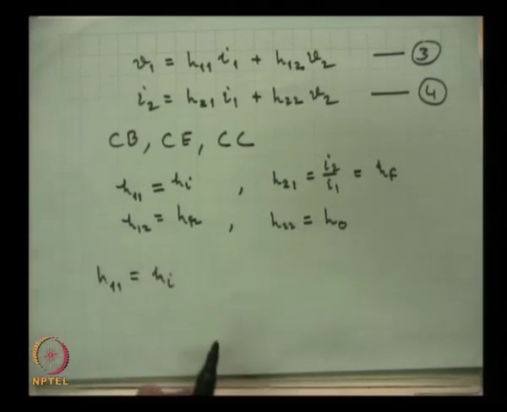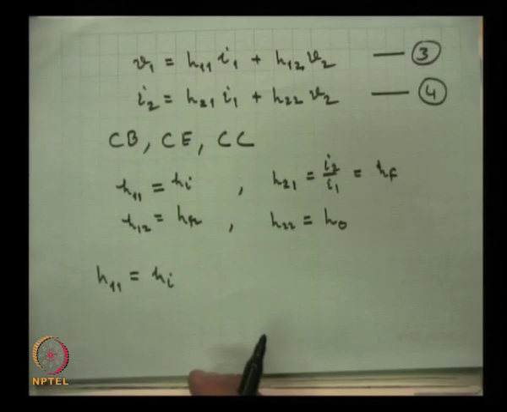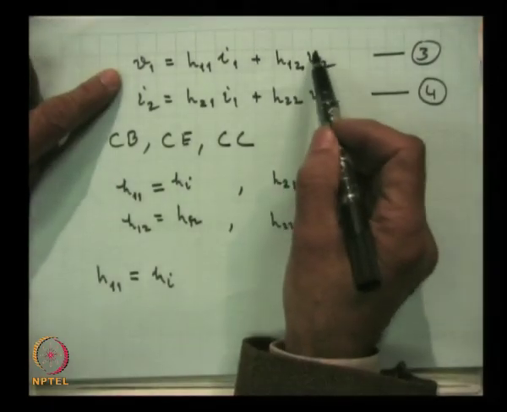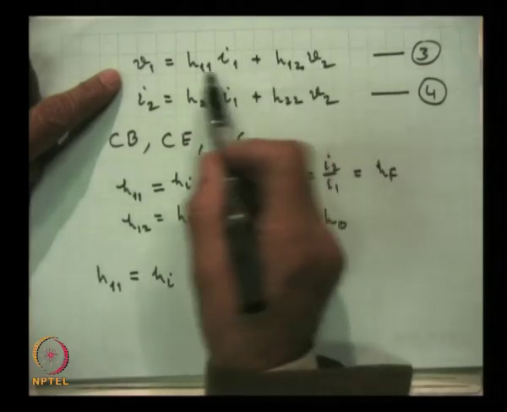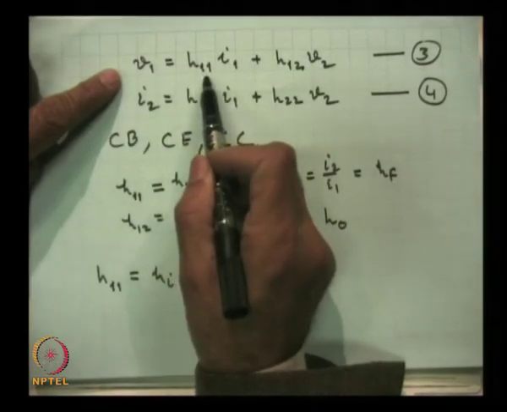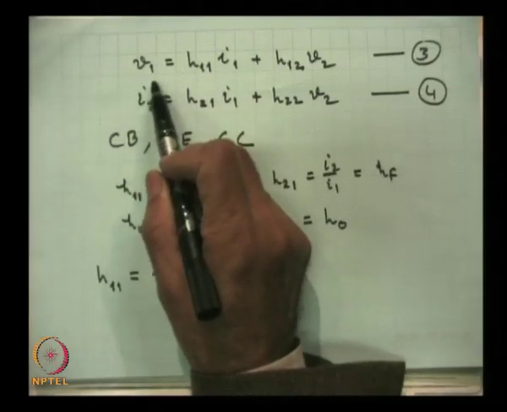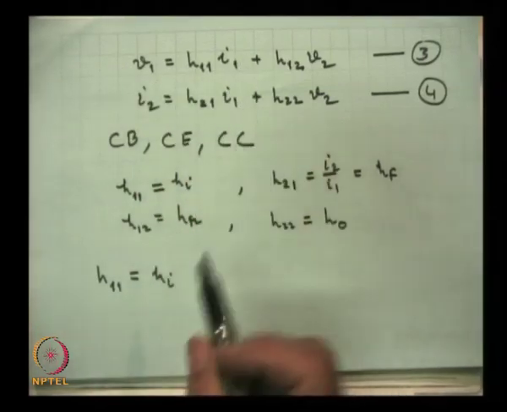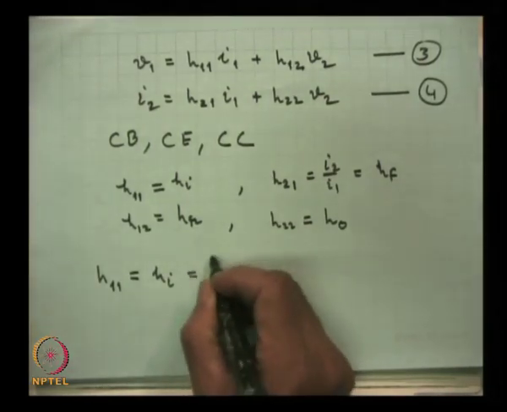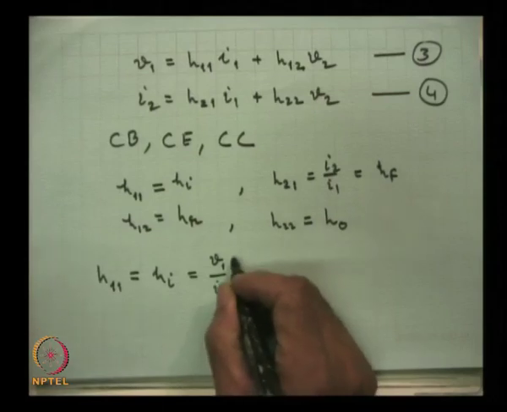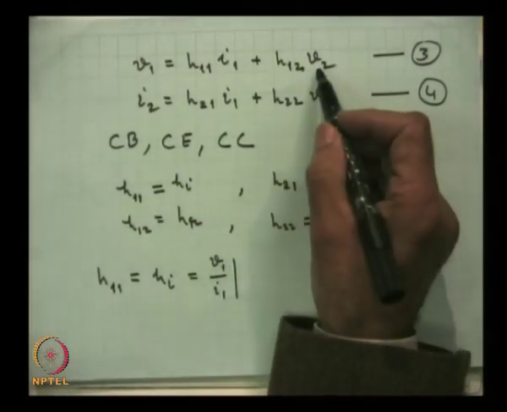If you look at this equation, if V2 is 0, then we can define H11 from here as the ratio of V1 by I1. So, this is defined as V1 by I1 under the terminal condition that V2 has to be 0.